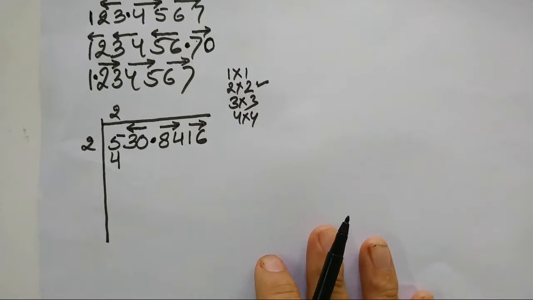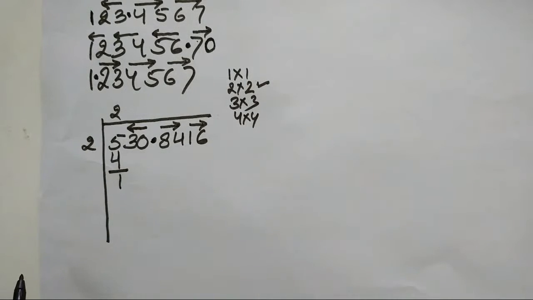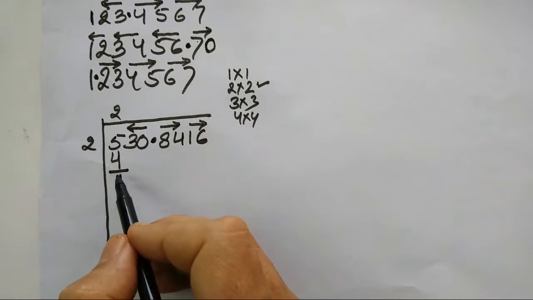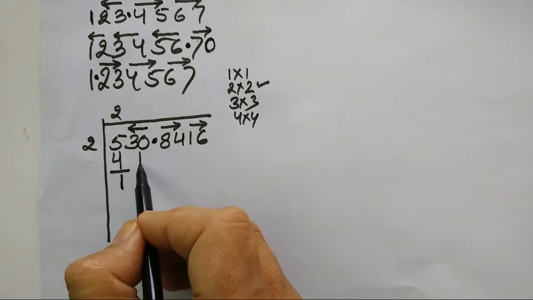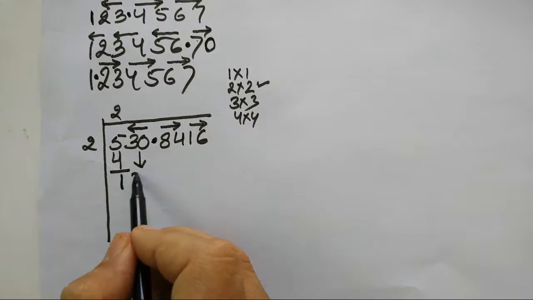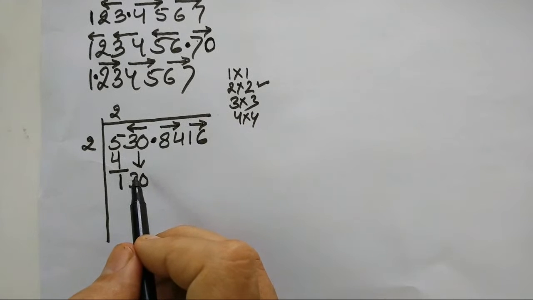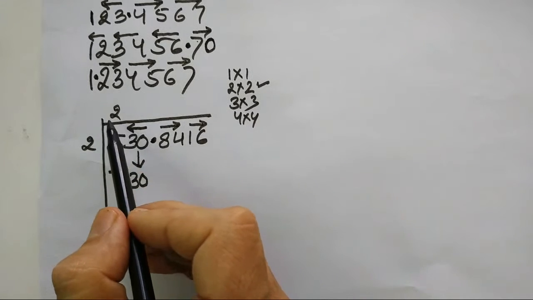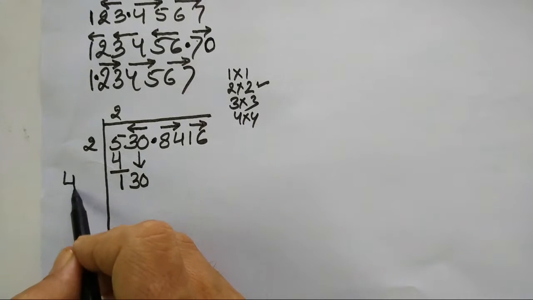Then you will subtract. So 5 minus 4 is 1. This is the normal division and then subtraction. After that you will bring down the next pair, that is 30. In square root we bring down two numbers at one time, and then we add the two numbers. So 2 and 2 will become 4.